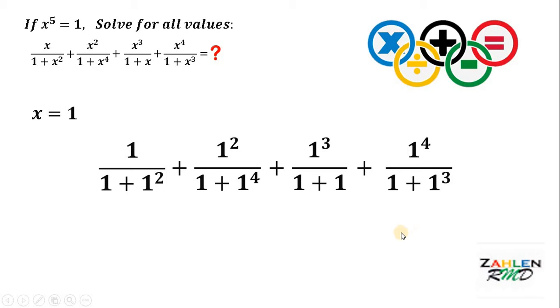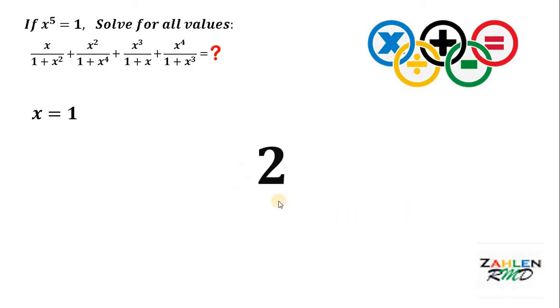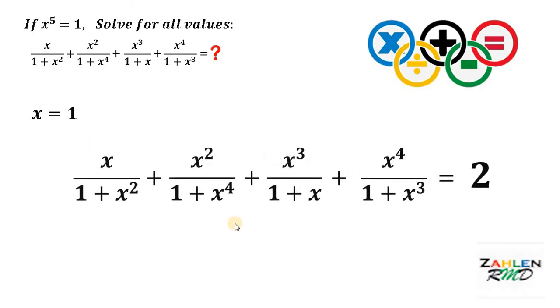Now, if we simplify these terms, we get 1 half plus 1 half plus 1 half plus 1 half. And 1 half plus 1 half plus 1 half plus 1 half will give us 2. Therefore, the value of the expression when x equals 1 is definitely equal to 2.